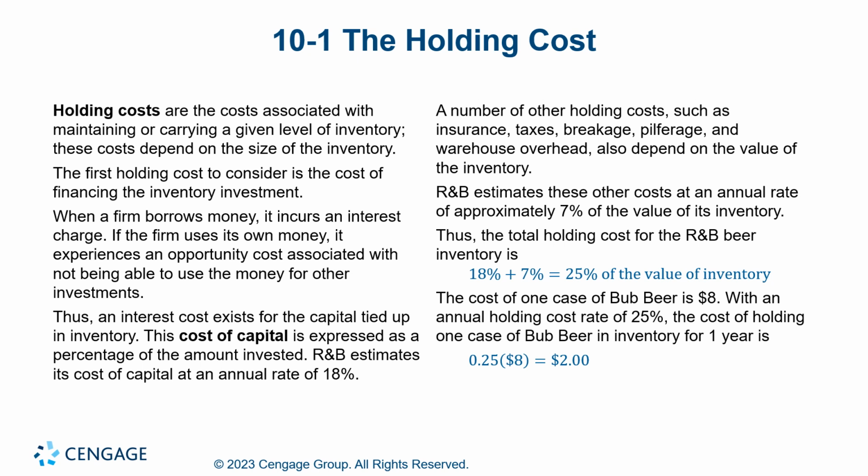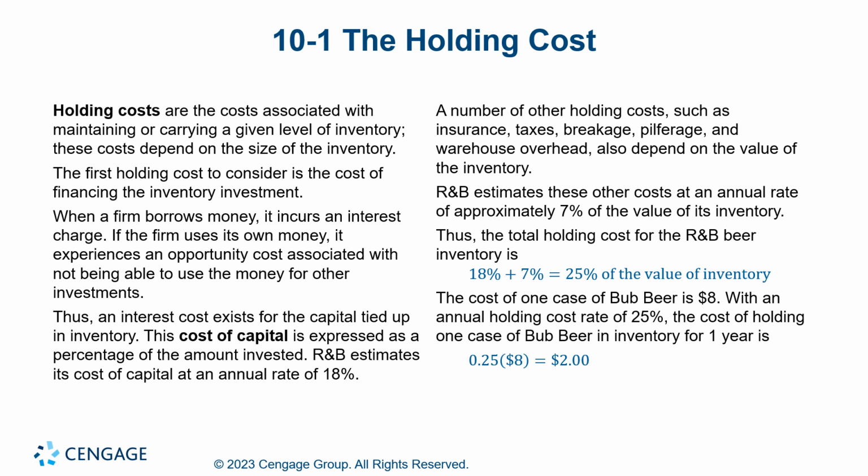The larger it is, the larger the insurance will be, the larger the taxes will be, and so on. So the RMB estimates these costs at an annual rate of approximately 7% of the value of its inventory. And therefore, the total holding cost for the RMB beer inventory is 18 plus 7%, which is 25% of the value of the inventory.